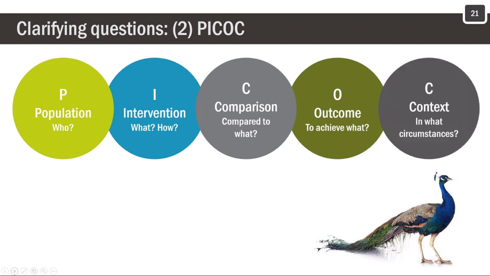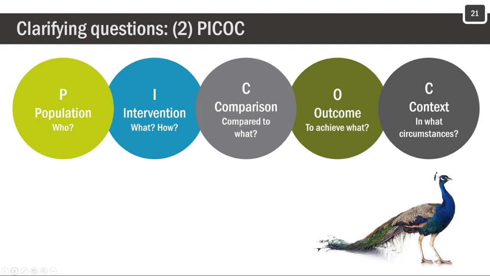And finally, context. What organizational circumstances need to be taken into account? What organizational characteristics are important for your question and your intervention? Do organizational size, ownership, industry, or location may affect the problem and your intervention?